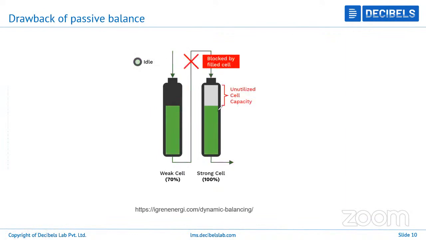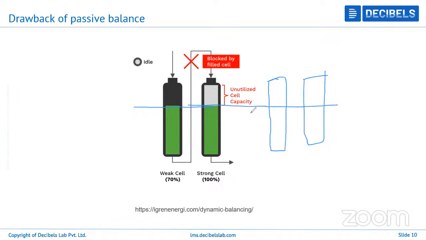So this will be your limit no matter what your cell is, no matter what the capacity of the battery pack is. No matter how many cells you have, even if they're in very good condition, with n number of cells, all of their voltage will be limited to this. And as you can see, this portion is unutilized or unused. So this will be wasted capacity.